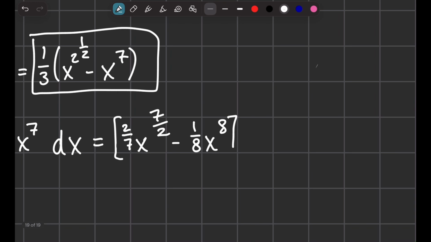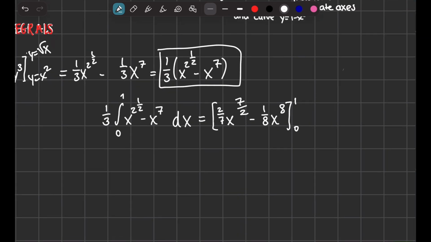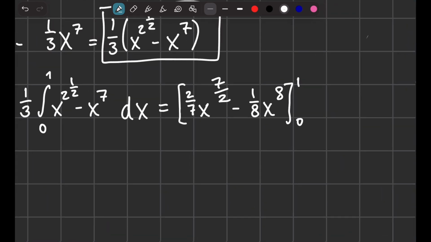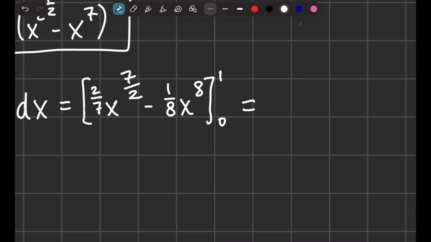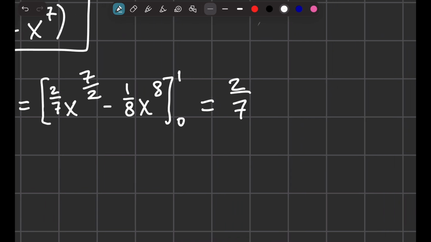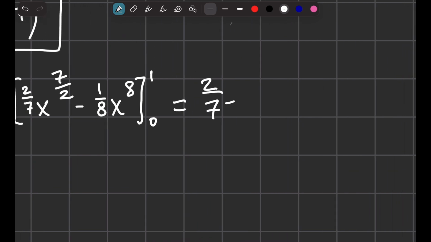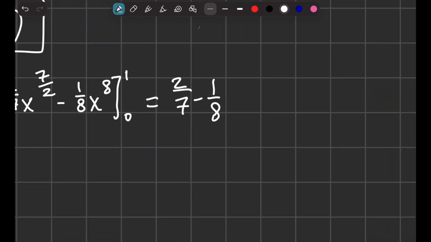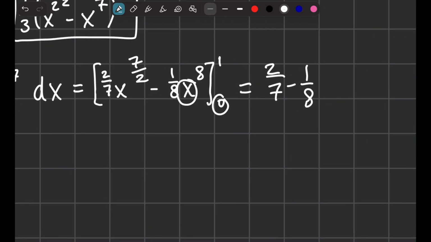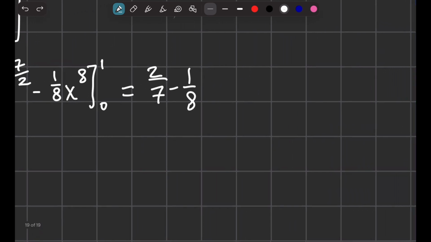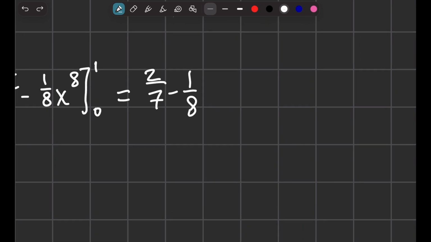And our bounds are 1 and 0. Cool. So filling that in is just 2/7 minus 1/8. And yeah, 0 here is going to be 0, here is going to be 0. So that's all fine.